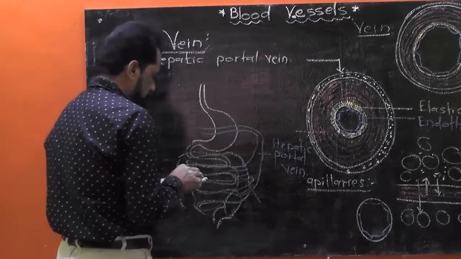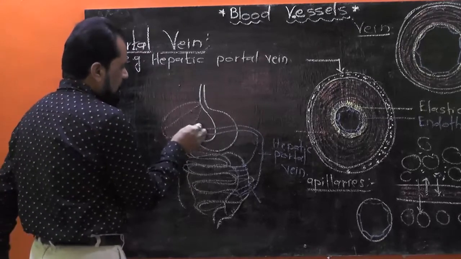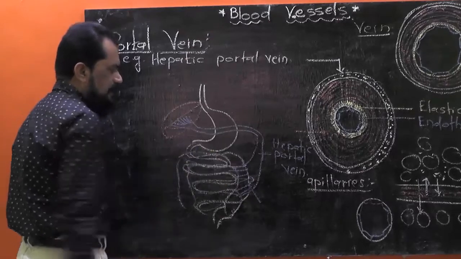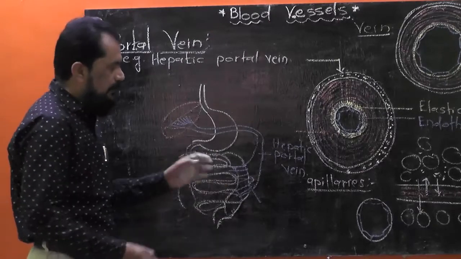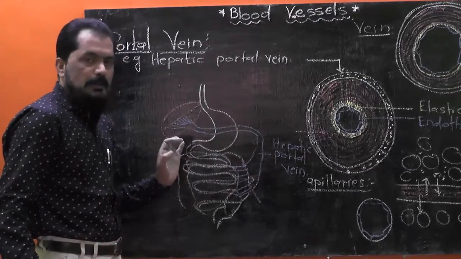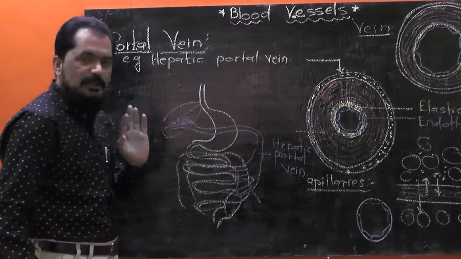Consider here is supposed to be the liver. In liver, it again undergoes capillarization, redivides to form capillaries, and whatever materials are brought by this hepatic portal vein, that is again downloaded here in the liver.